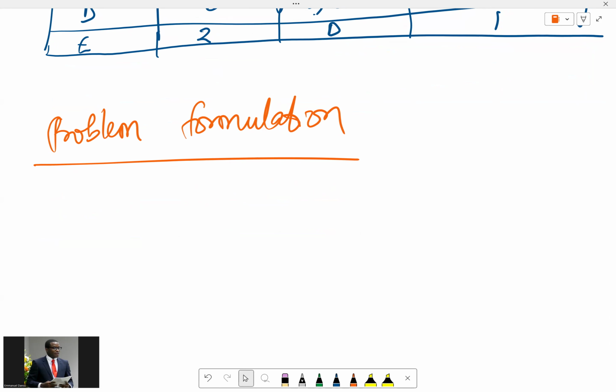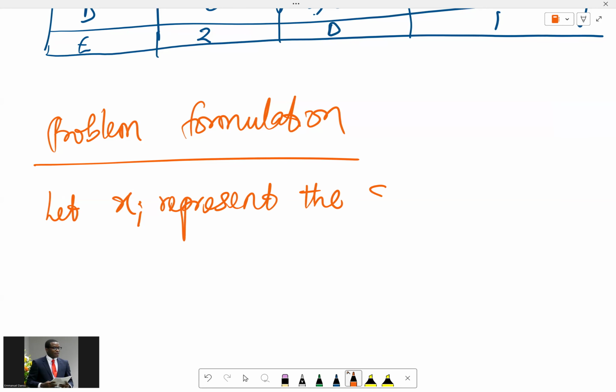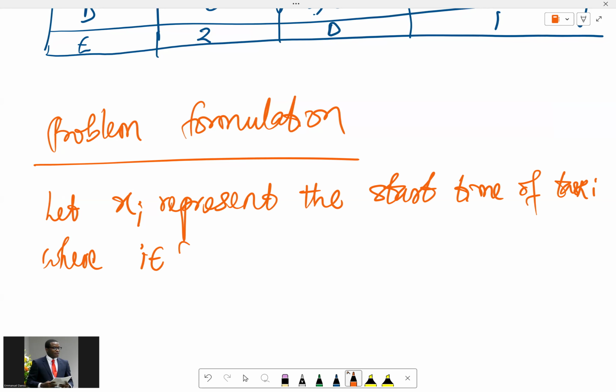So the objective is to minimize the total project duration while ensuring that all resource and dependency constraints are met. For the decision variables, let each x_i represent the start time of task i, where i belongs to A, B, C, D, and E.